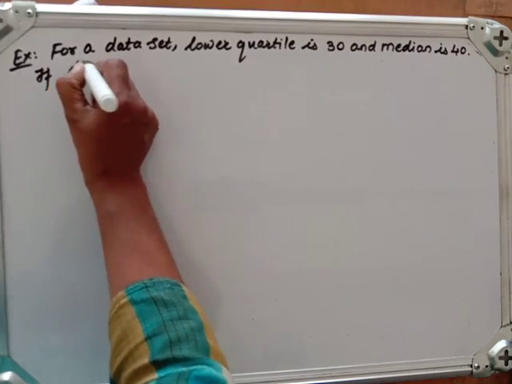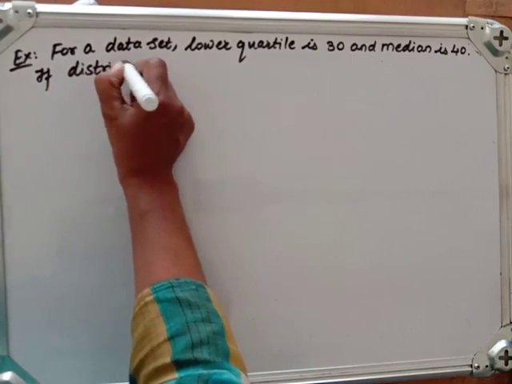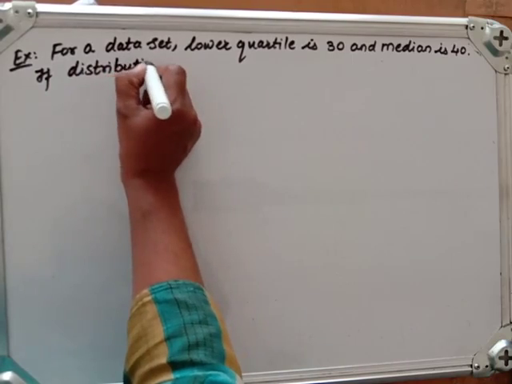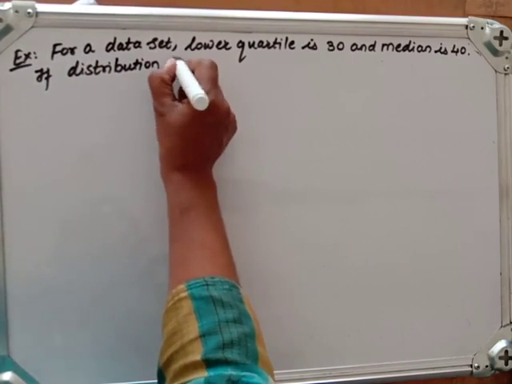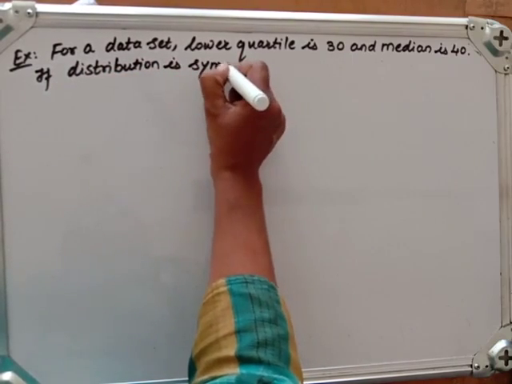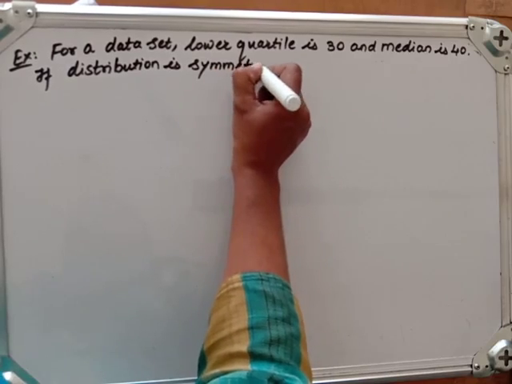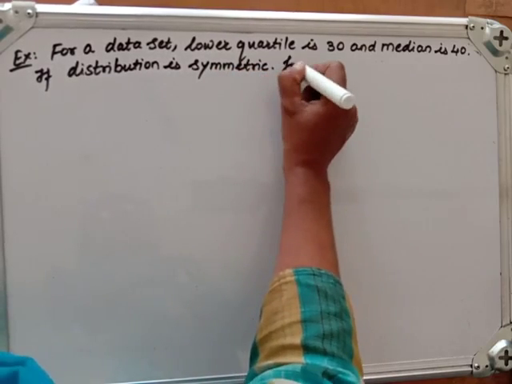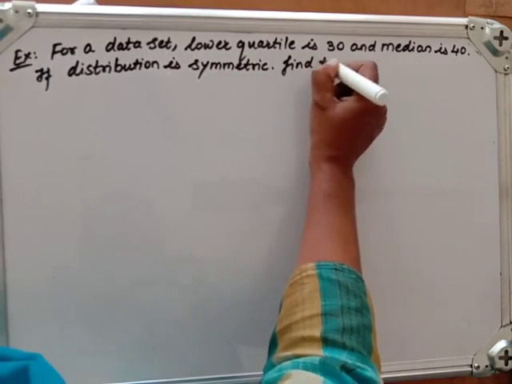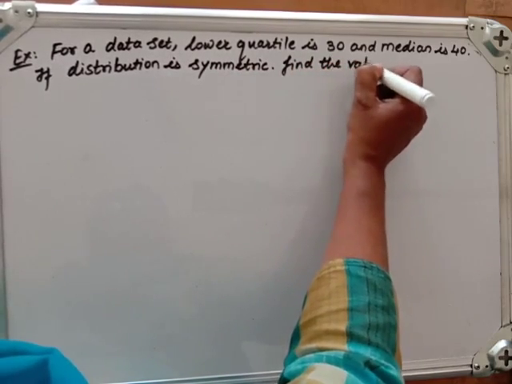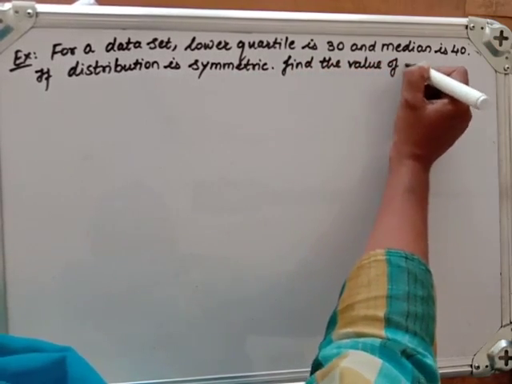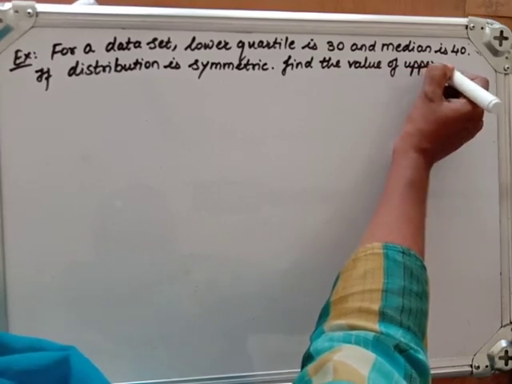If the distribution is symmetric, find the value of the upper quartile.